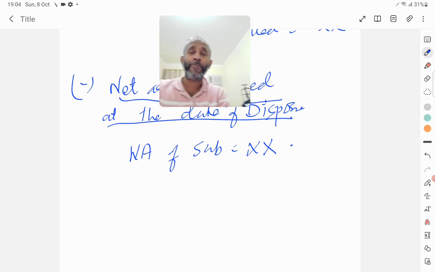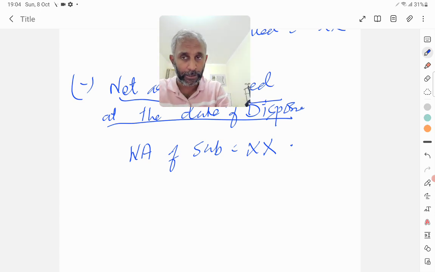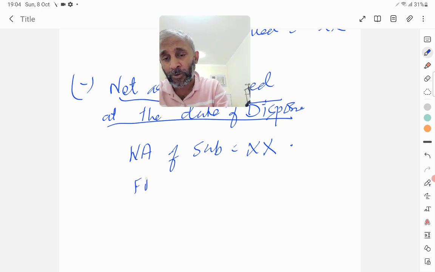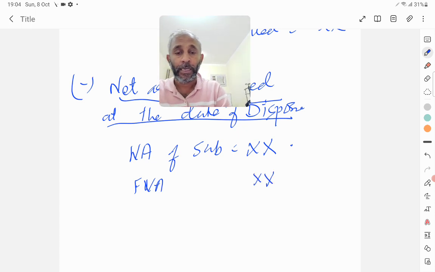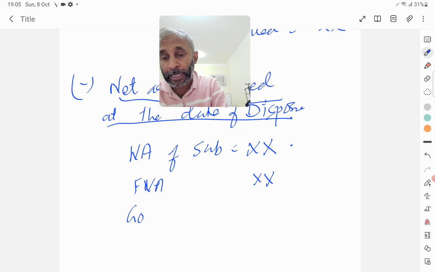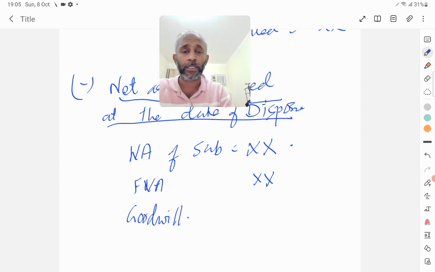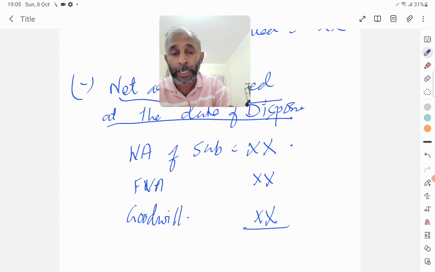and if you have done any fair value adjustment at the time of acquisition, that fair value adjustment we also need to incorporate here, and also any goodwill resulting from this acquisition, that also we need to add.